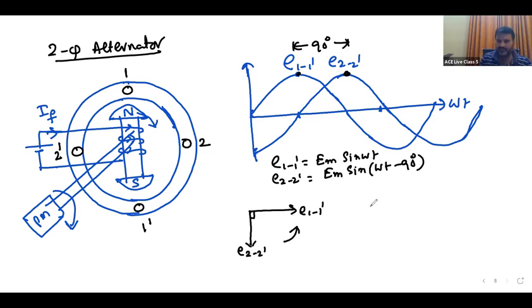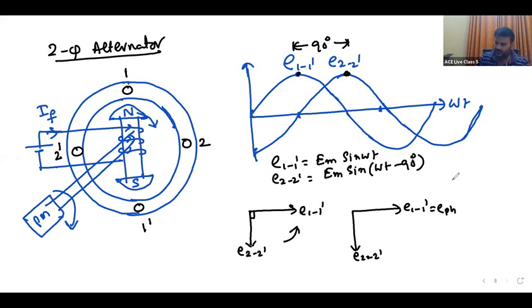If you want to find the line voltage, E11 dash, E22 dash. But what is the line voltage? Of course, this is phase voltage.